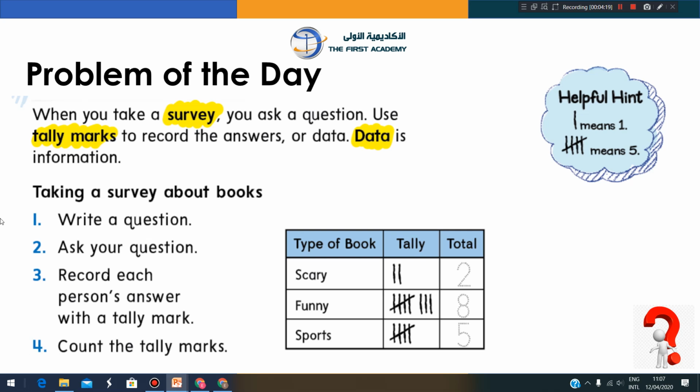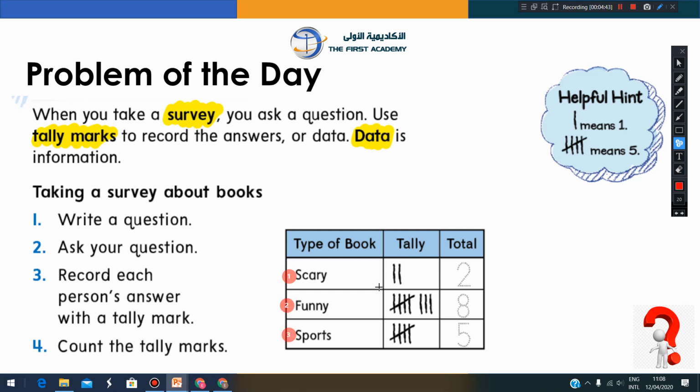So let me explain this using the chart. The question you were asking was about the type of book they like to read. And you chose three main types of books. You were asking about scary books, funny books, and sports books.